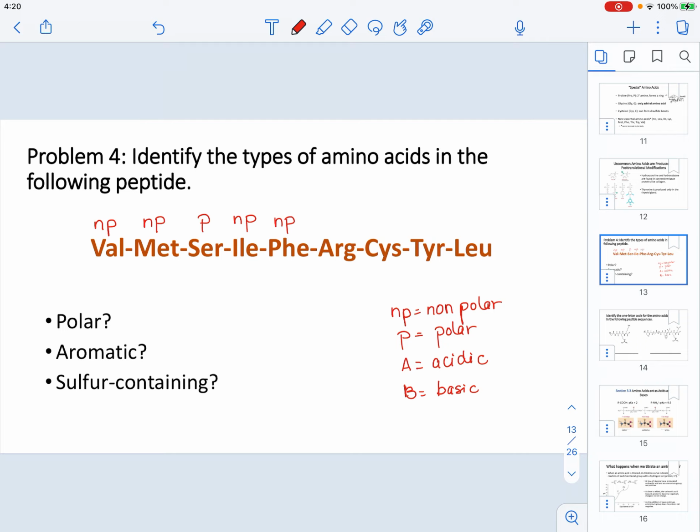We have arginine, and if you remember, it's going to be part specifically of the basic amino acids. We have cysteine. Cysteine is going to be specifically out of the polar amino acids.